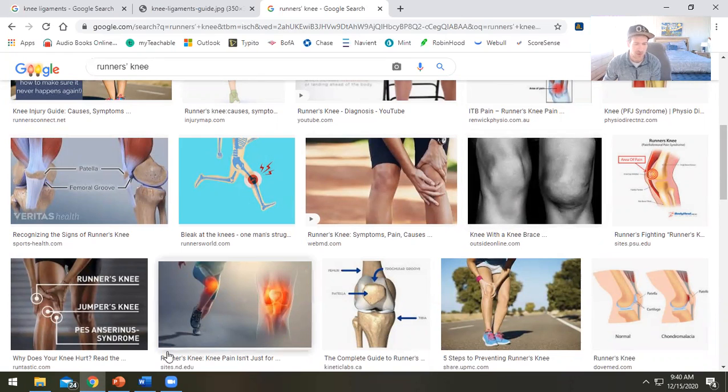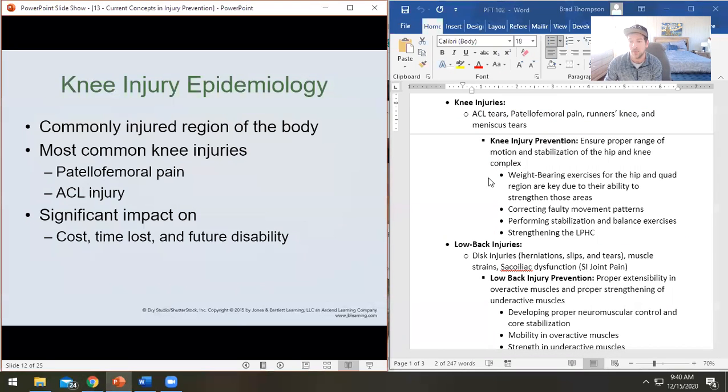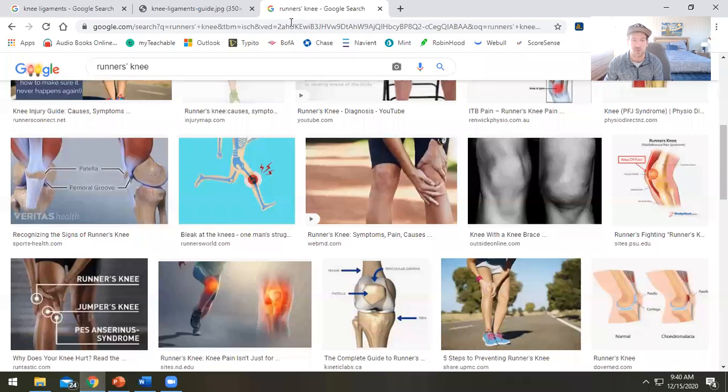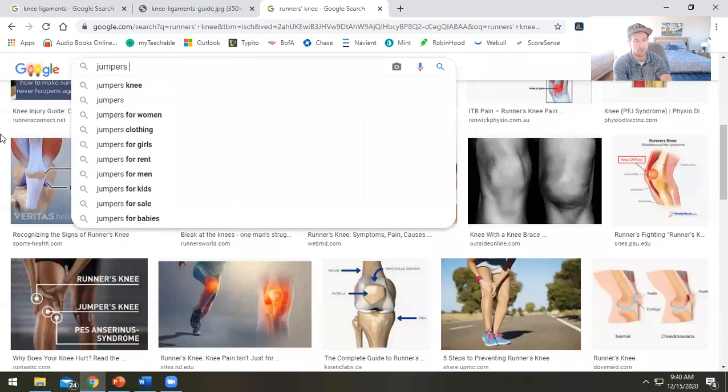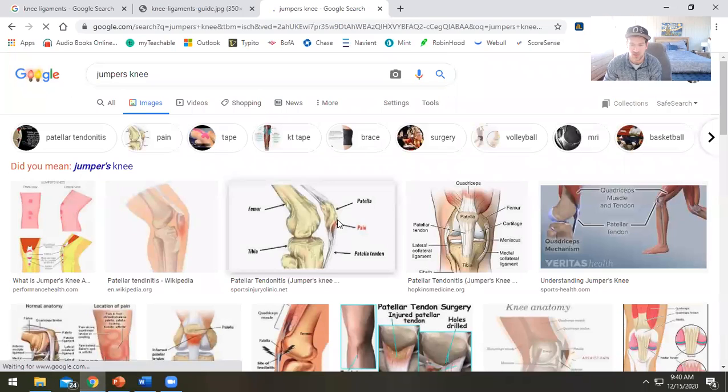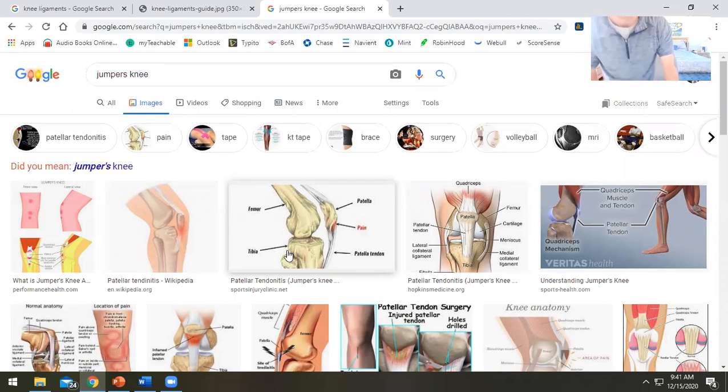And then one that's not in this PowerPoint that totally should be is jumper's knee. And jumper's knee, I'm just going to mention this, even though it's not in the PowerPoint here, is where you'll get pain at the very bottom of your kneecap. And so when you hear someone describe that they feel a lot of pain right down here underneath their kneecap, we call that jumper's knee.